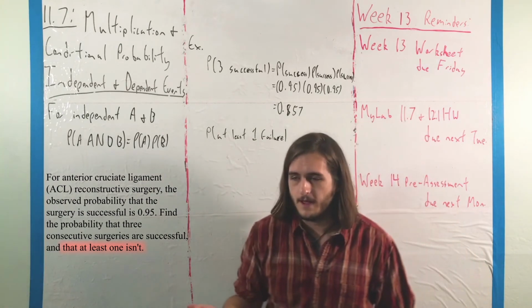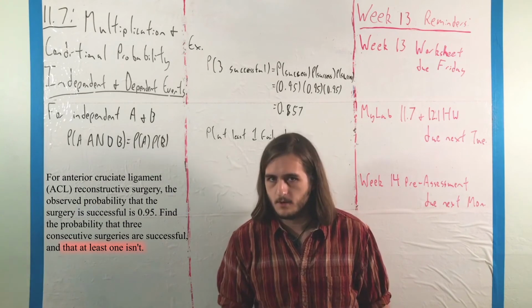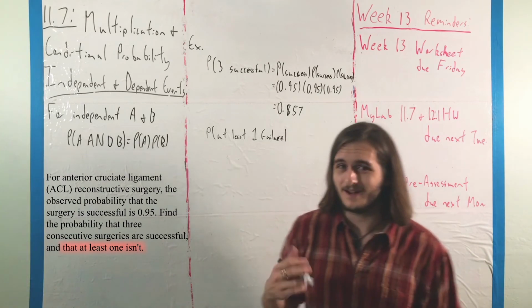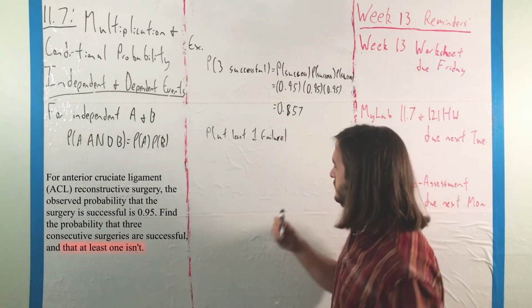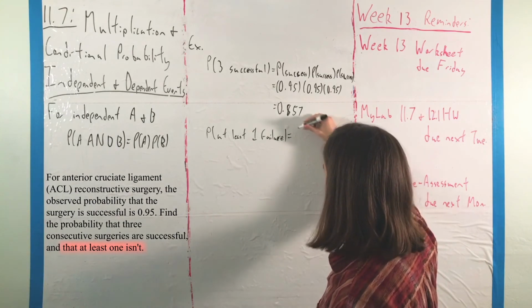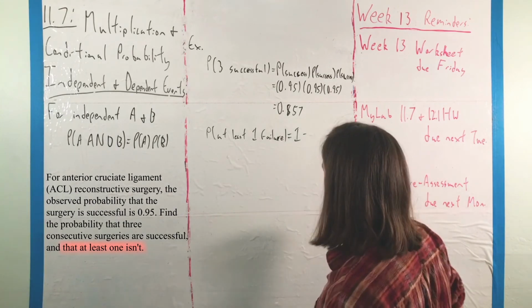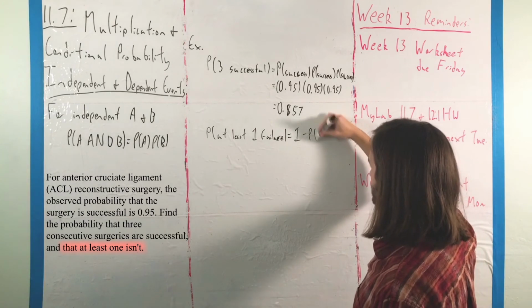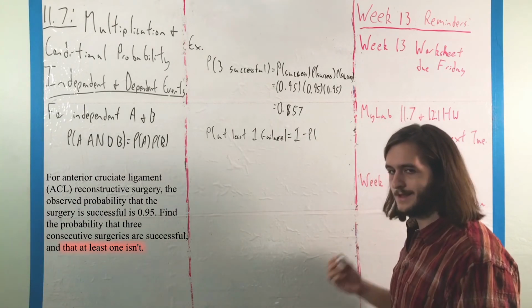But instead of thinking about it that way, it can actually be a lot more efficient to think about this in terms of a complement, because the opposite of at least one failure is going to be that none of them fail.